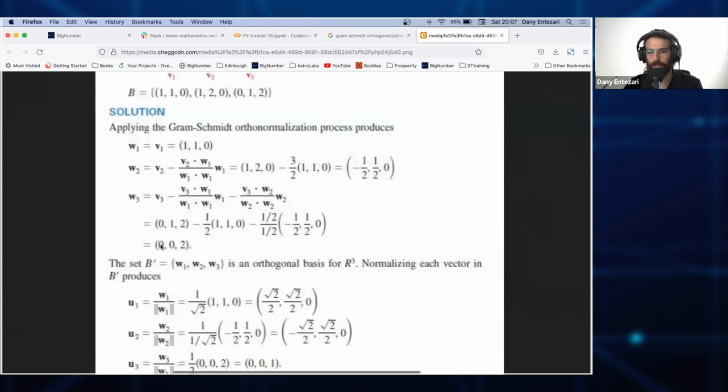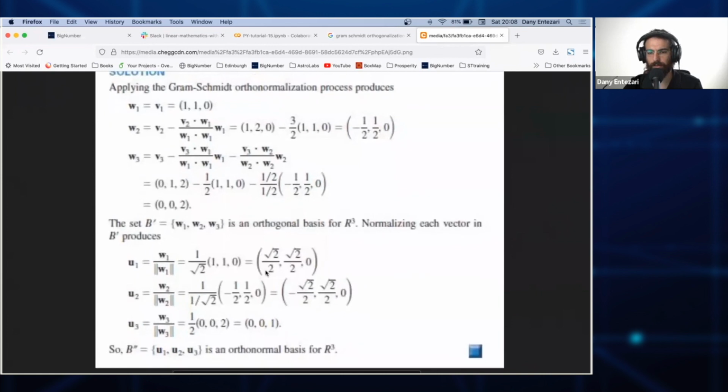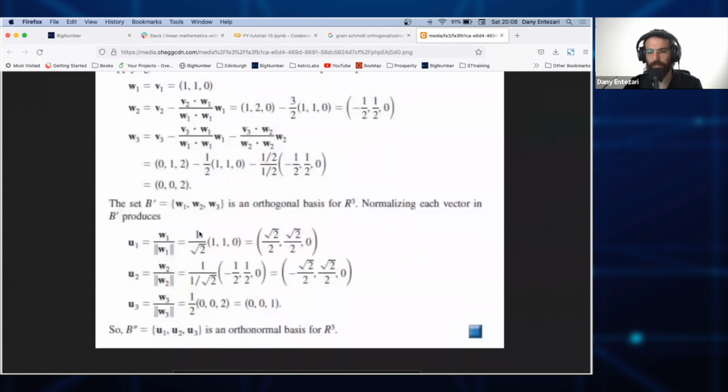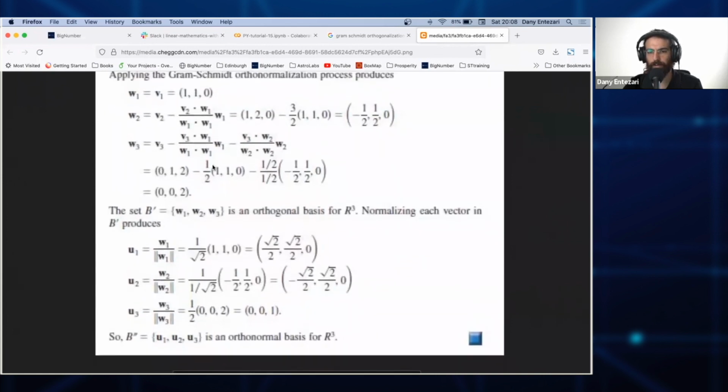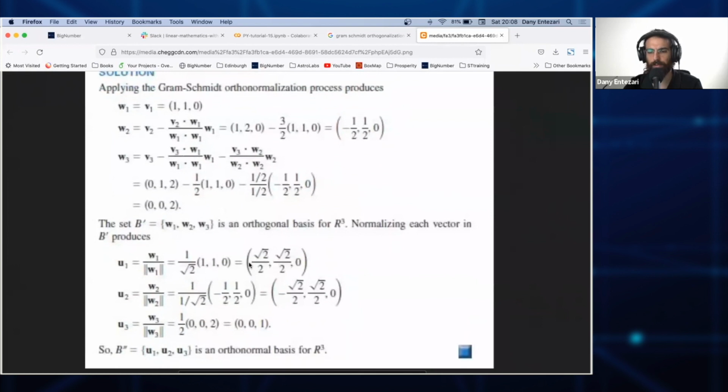So in total, we will get a new matrix. So the original matrix was 1, 1, 0, 1, 2, 0, 0, 1, 2. This new matrix will be, this will be its first column. This will be its second column. This will be its third column.